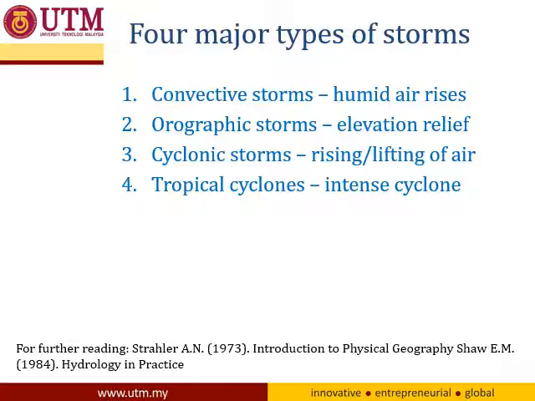This is a bigger scale of storm, due to the rising and lifting of air, and it may develop from the ocean, for example. So a cyclonic storm is a bigger storm system.